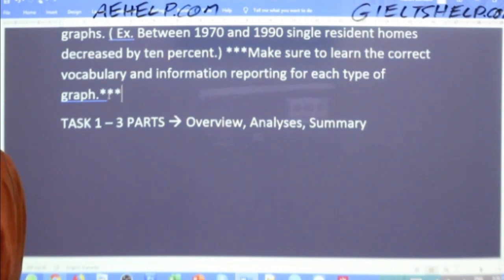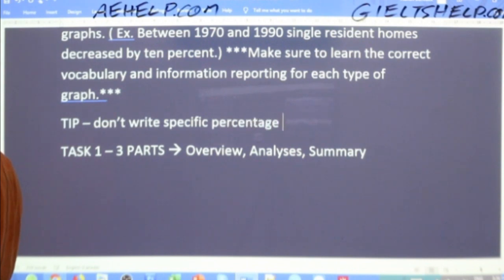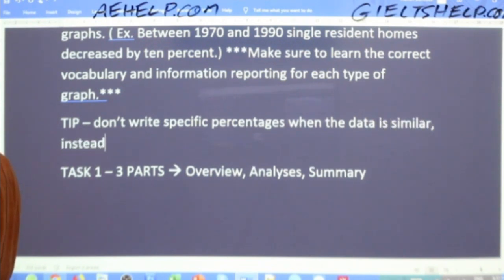So here's a tip. Okay, keep this in mind. Don't write specific percentages when the data is similar. Instead, write 1/2, close to 1/5, and so on, okay?